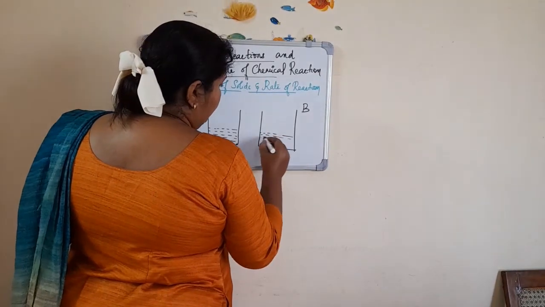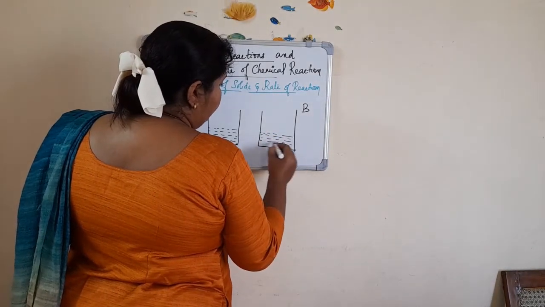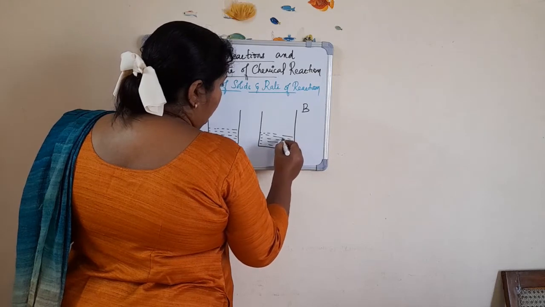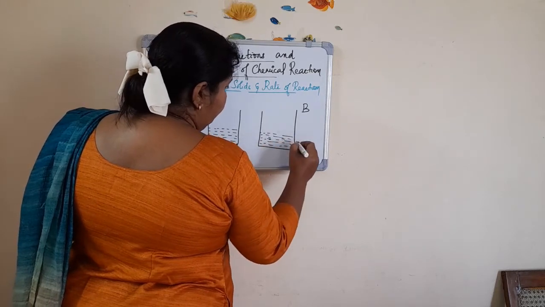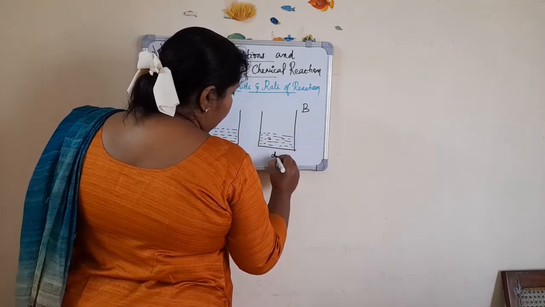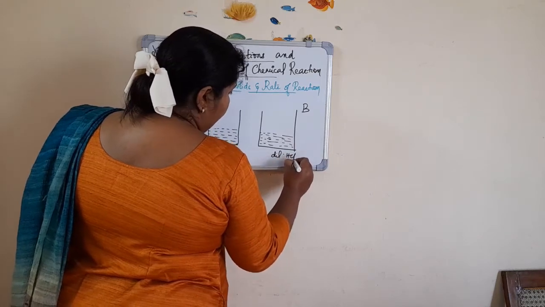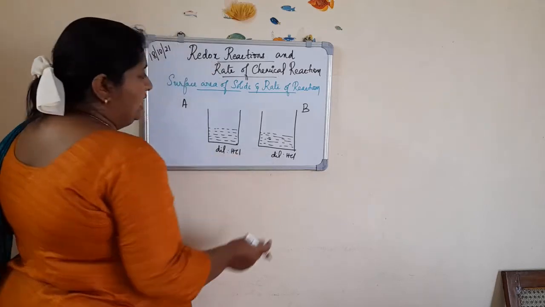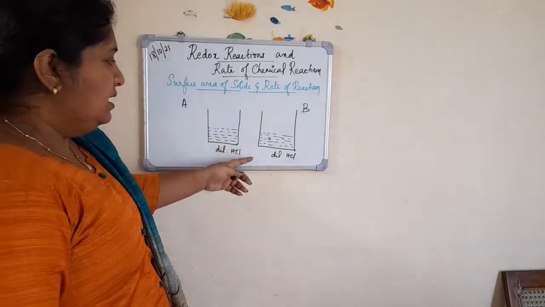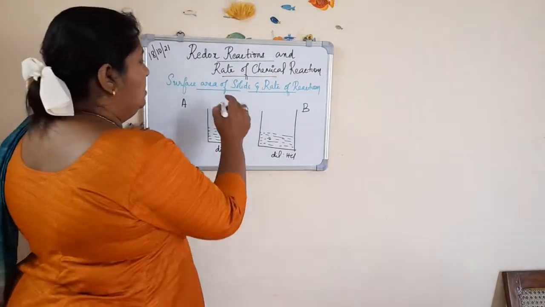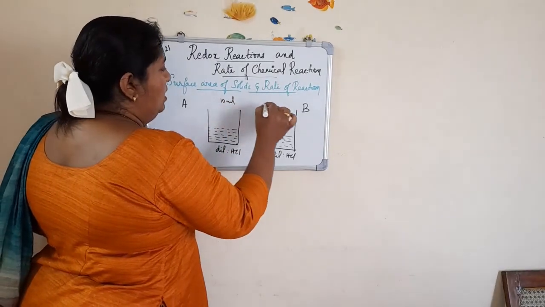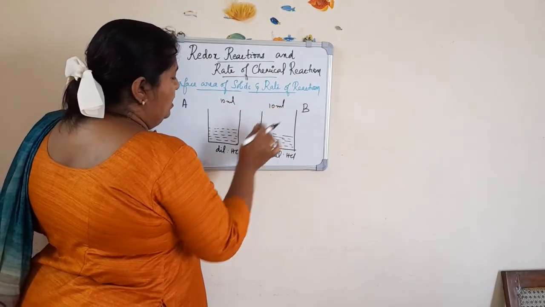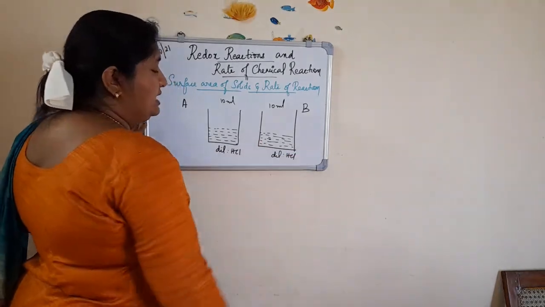Both the beakers are of the same capacity. Here I have taken the same volume of dilute HCl in a same capacity beaker. You can say it is a 10 ml beaker. Here also a 10 ml beaker, equal volume of dilute HCl.